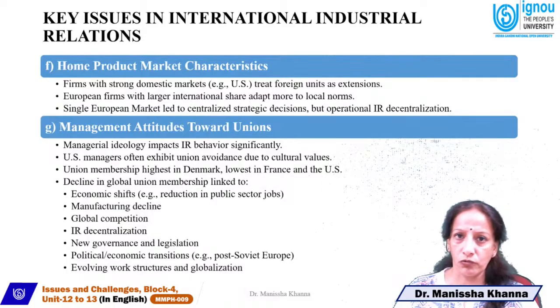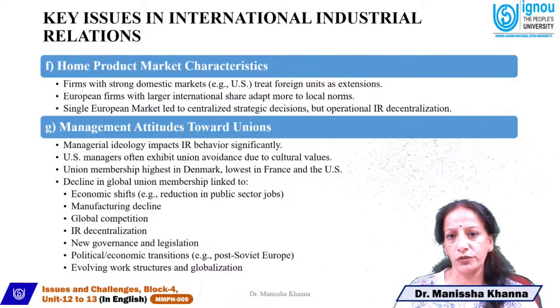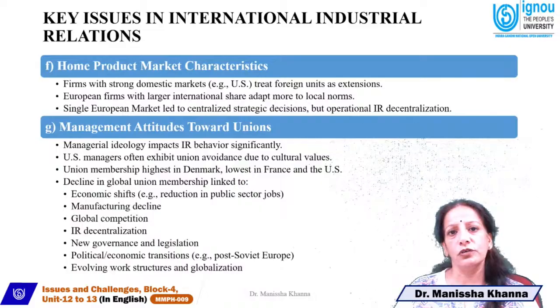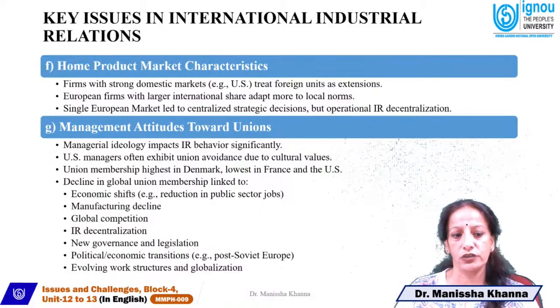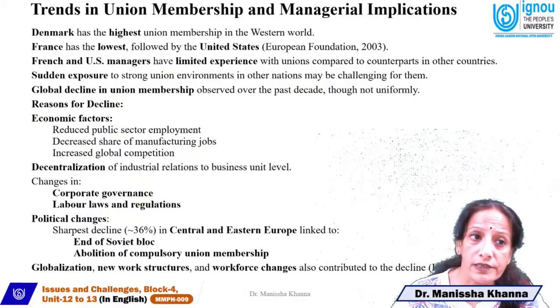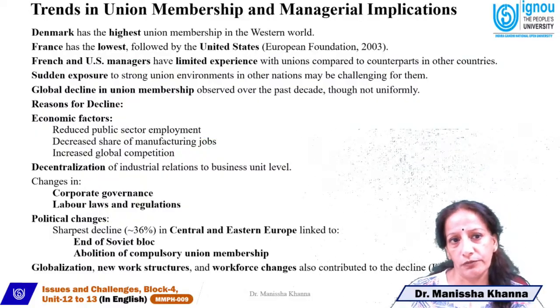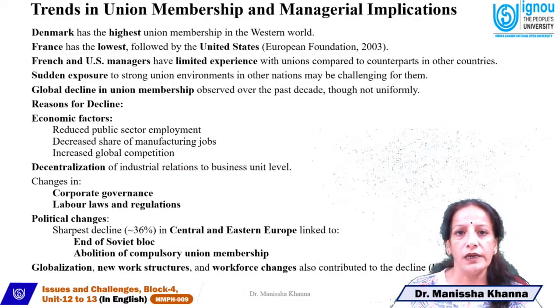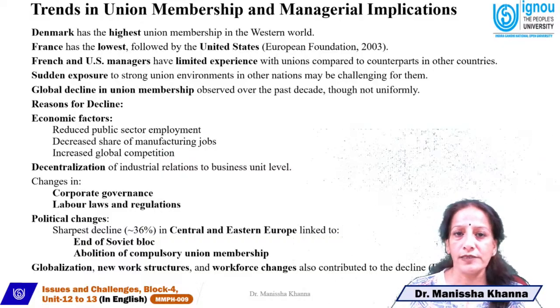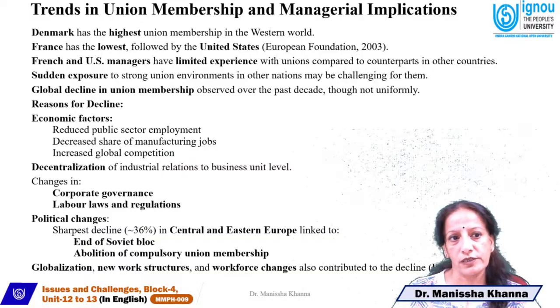There is a decline in global union membership, which is linked to economic shifts, manufacturing declines, global competition, IR decentralization, new governance and legislation, political and economic transitions, and evolving work structures and globalization. There are certain trends in union membership with managerial implications: Denmark has the highest union membership in the Western world, France has the lowest, followed by the United States.